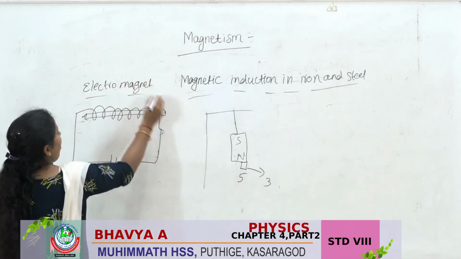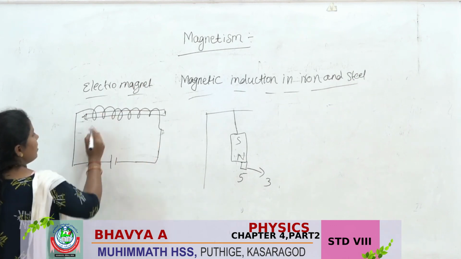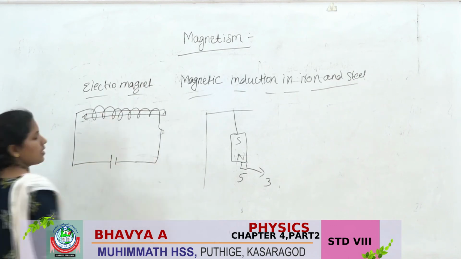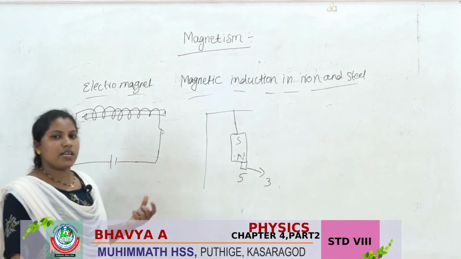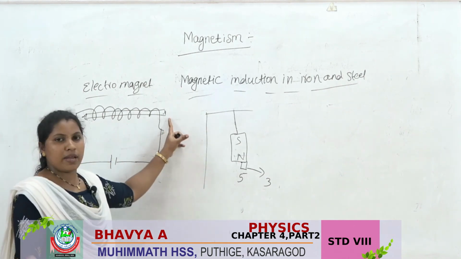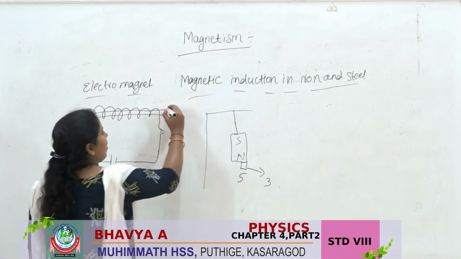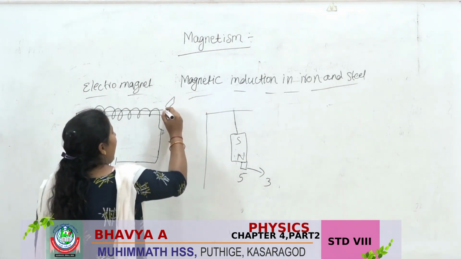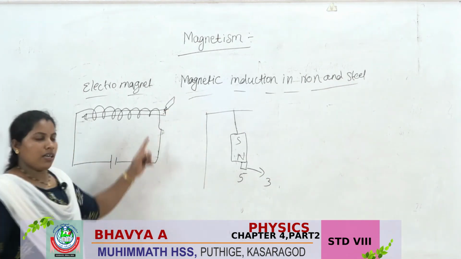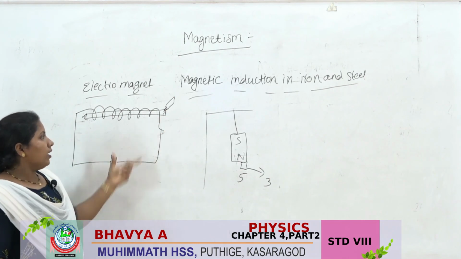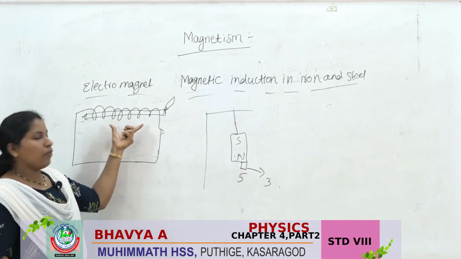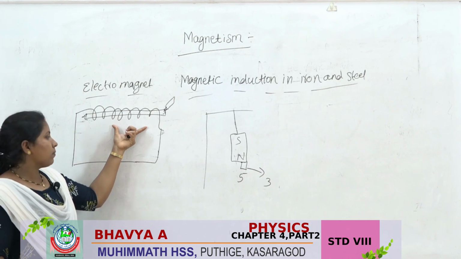When you pass current here, this iron nail is converted into a magnet. How do you understand that the iron nail has become a magnet? You should bring another nail near it. It attracts this nail. So here the iron is converted into a magnet.